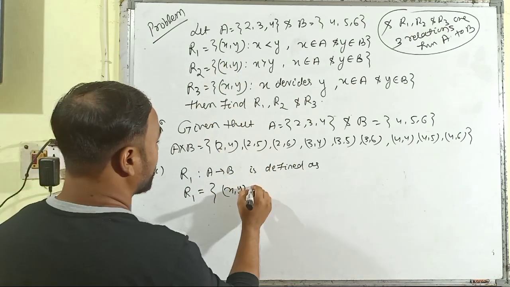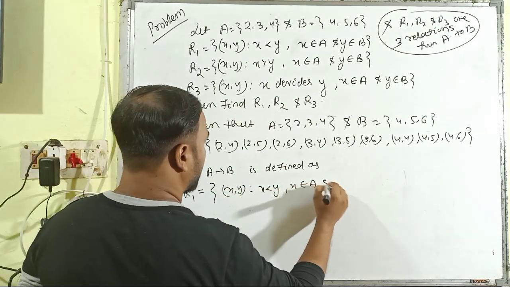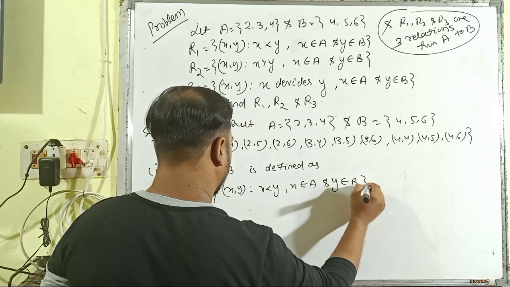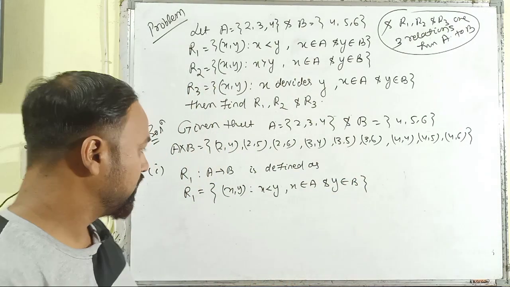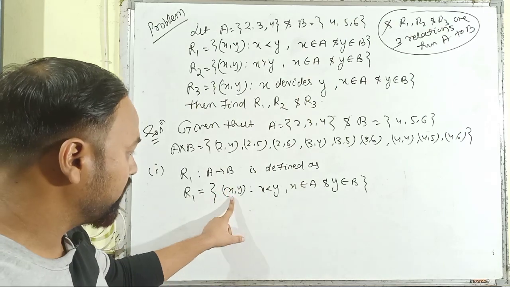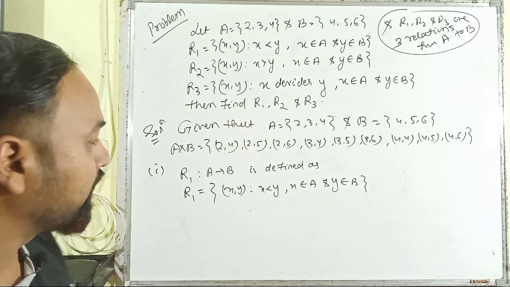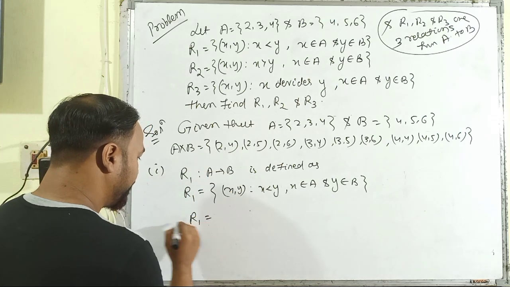What is the relation? The relation is {(x, y) : x < y, such that x belongs to set A and y belongs to the second set}. We just have to find those ordered pairs in which the first component is less than the second component. Here you can see that 2 is less than 4.